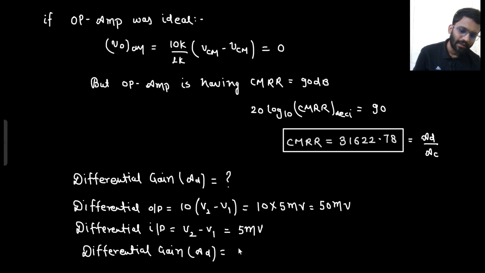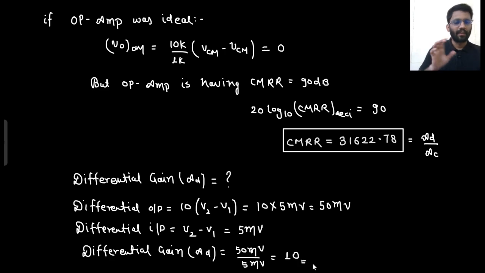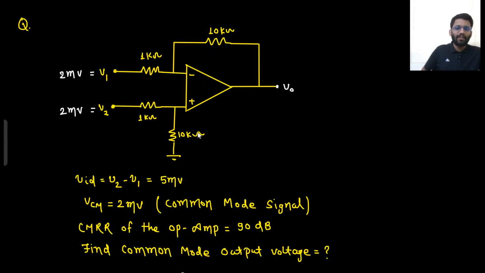Gain AD would be 50 millivolt divided by 5 millivolt. Always solve these problems step by step so that you don't make any error. So differential gain is 10.